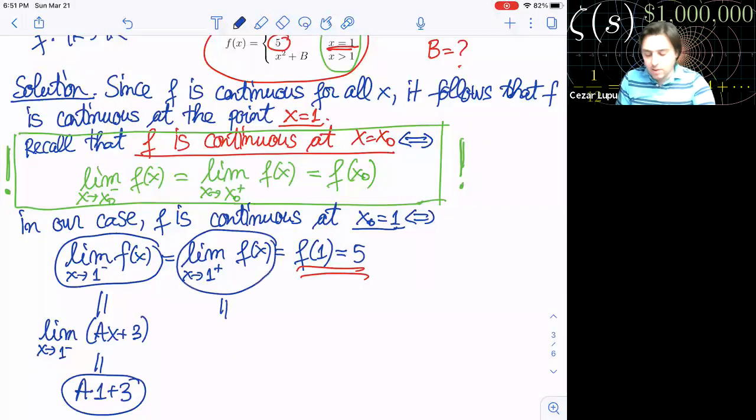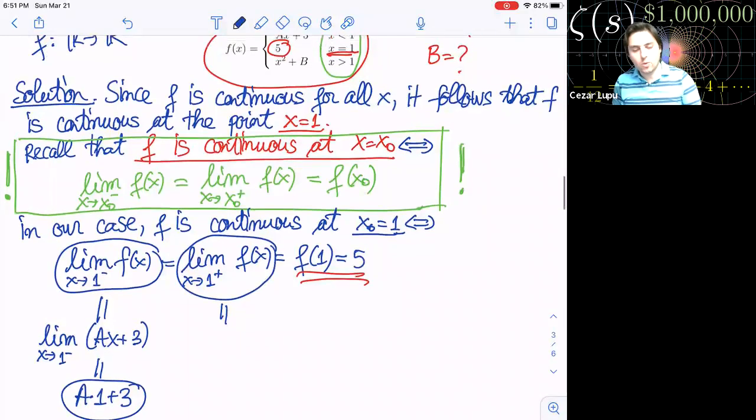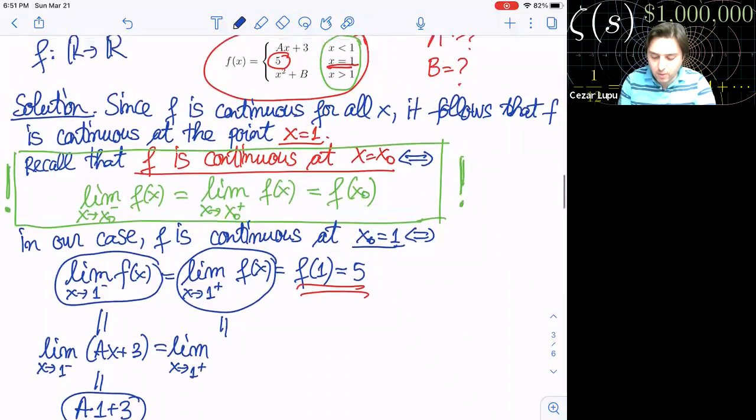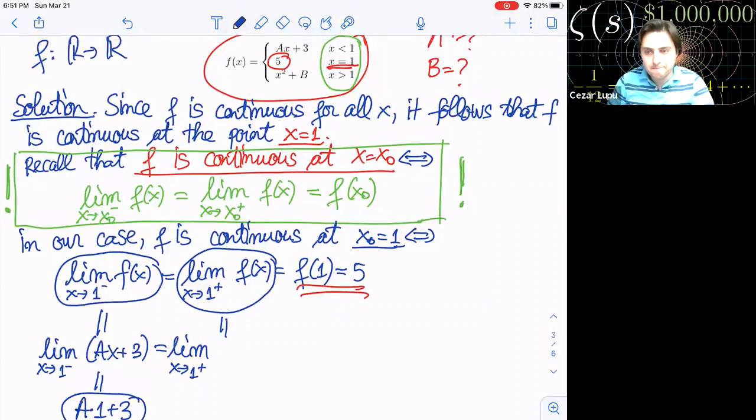What is the limit as x approaches 1 from the right of f of x? It will be equal to what? So this is the limit as x approaches 1 from the right. I'll replace f of x by what? Can you tell me which piece? Which piece corresponds to values x greater than 1? x squared plus b, right?